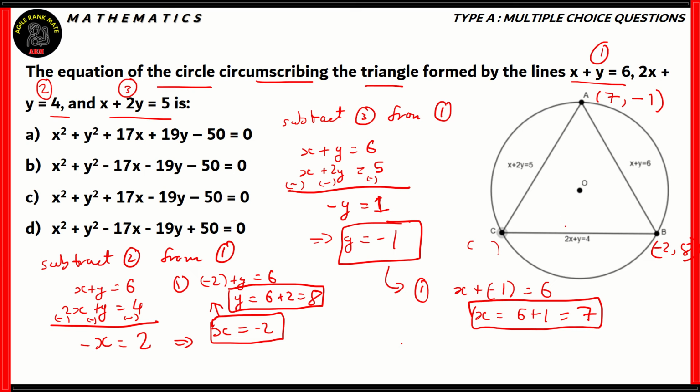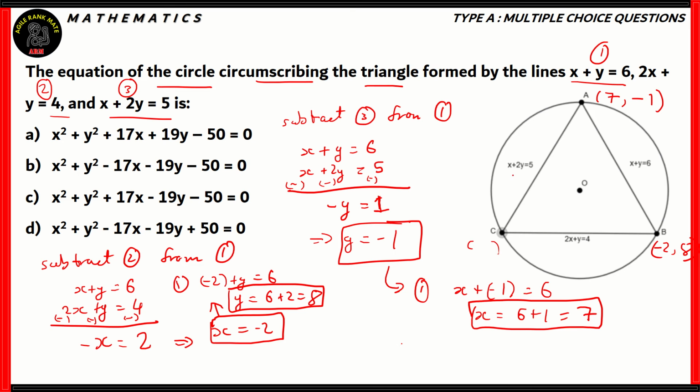We don't have them multiplied. We don't have a way to eliminate a variable. So over here, what we can do is, equation 2 is 2x plus y equals 4. We can multiply that by 2 to get 4x plus 2y equals 8.